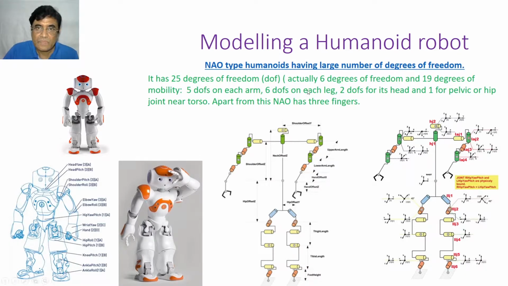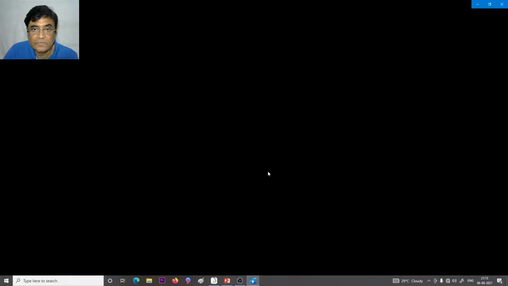And as you know, for modeling any robot you need to understand its anatomy, meaning how the joints move, where the joints are located, how they coordinate. I will introduce a short video that will help you clearly understand how the NAO robot works and what its anatomy is. So let us watch this video.